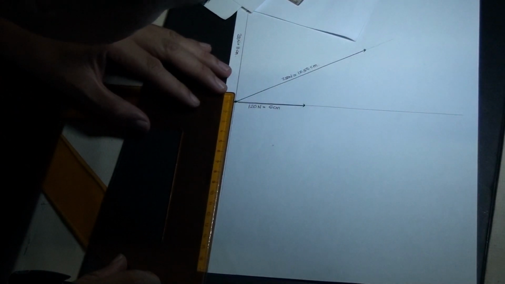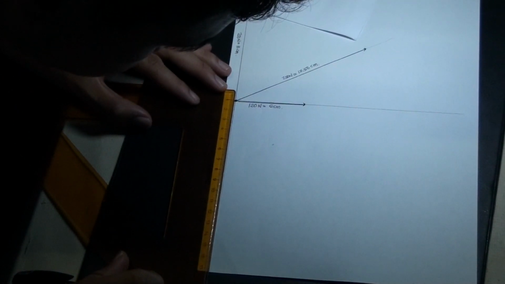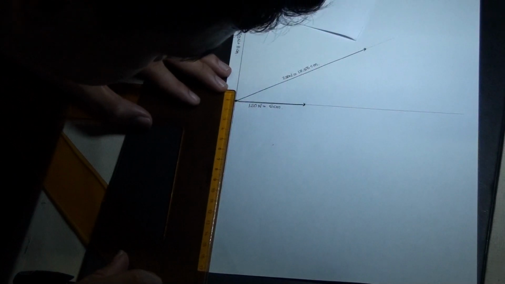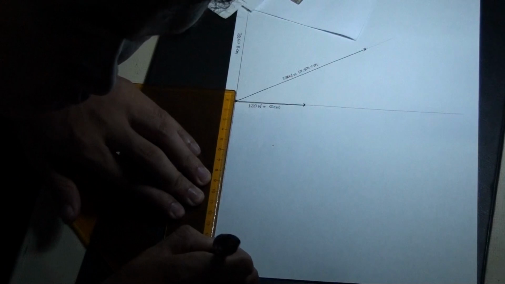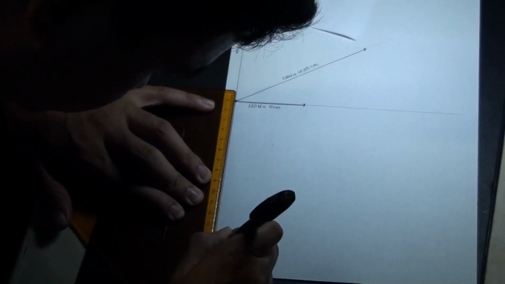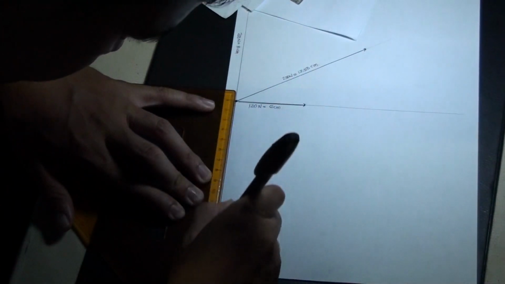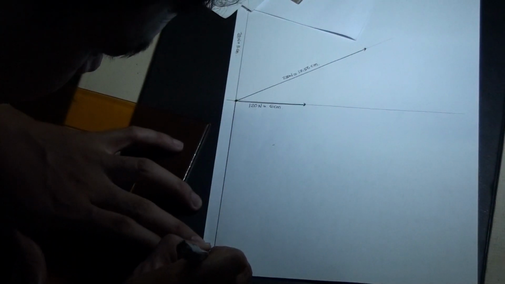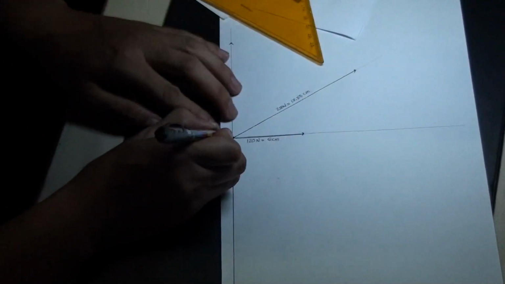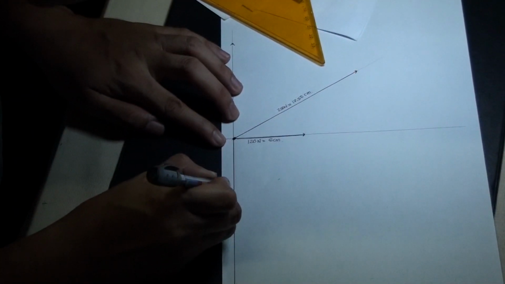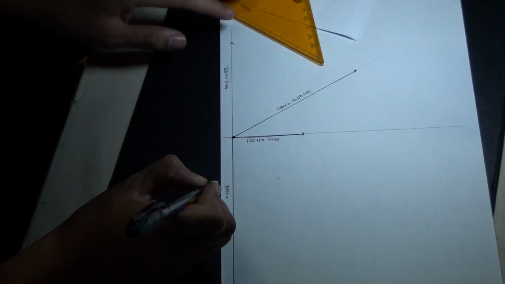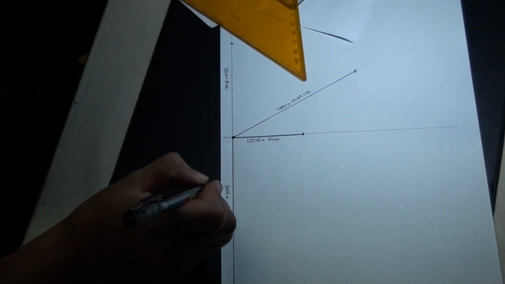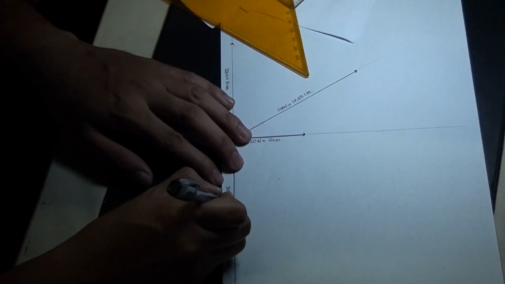By doing so, this is the point here, 16. So we'll have it then darkened. So this is it. So the 300 Newton is equivalent to a length of 15 centimeters.